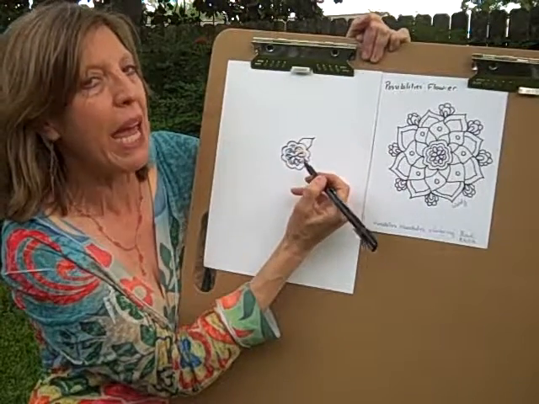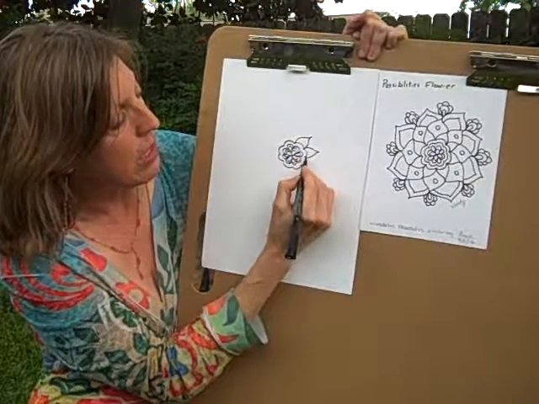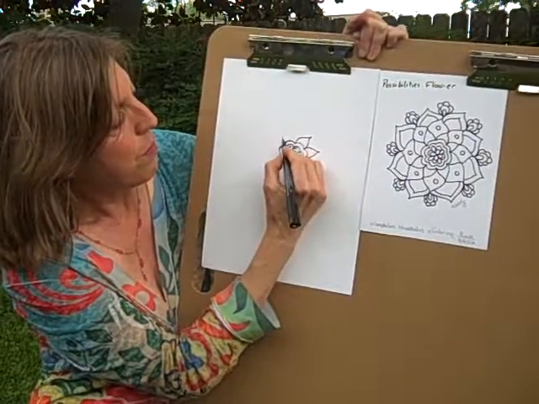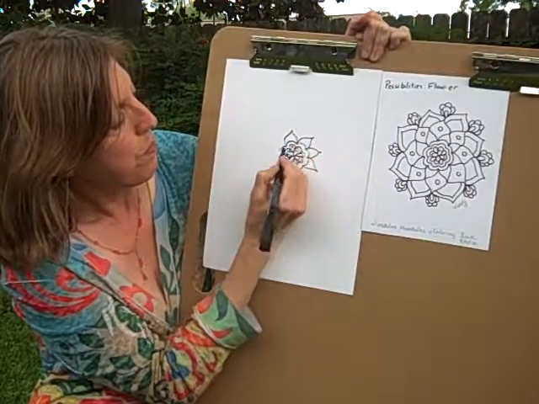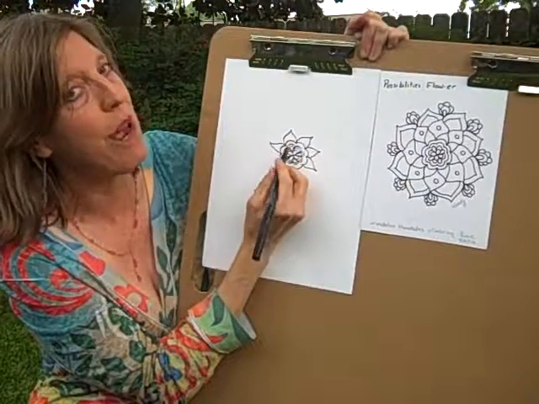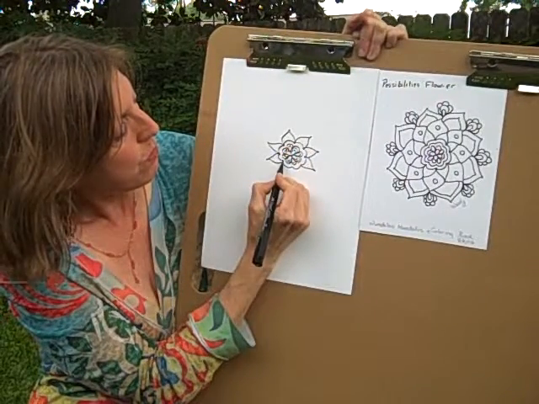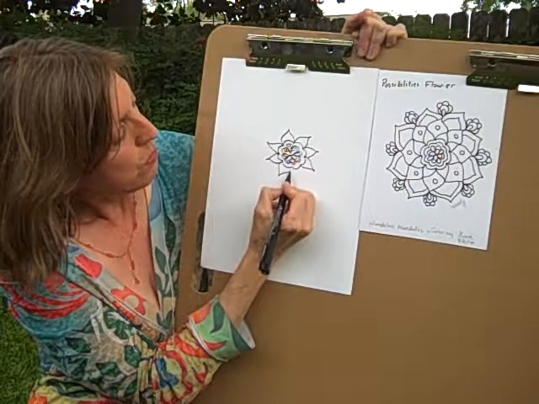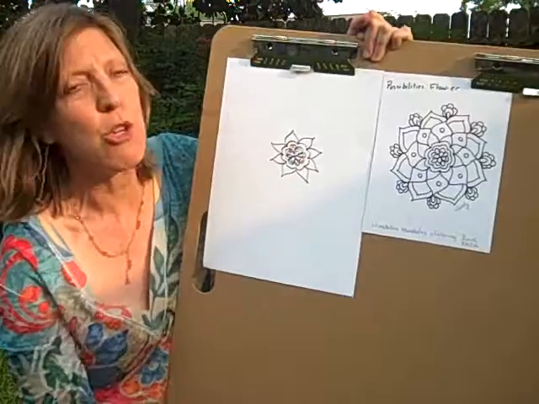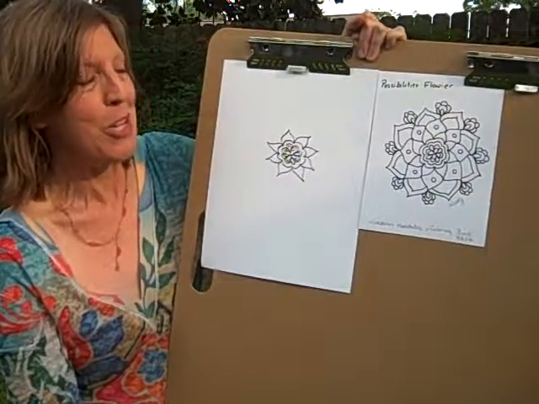How can you expand? Where can you expand? Easily, with flow. It takes a little practice to draw like this. And how easy can it be for you to expand and create a new petal or a new series of petals?